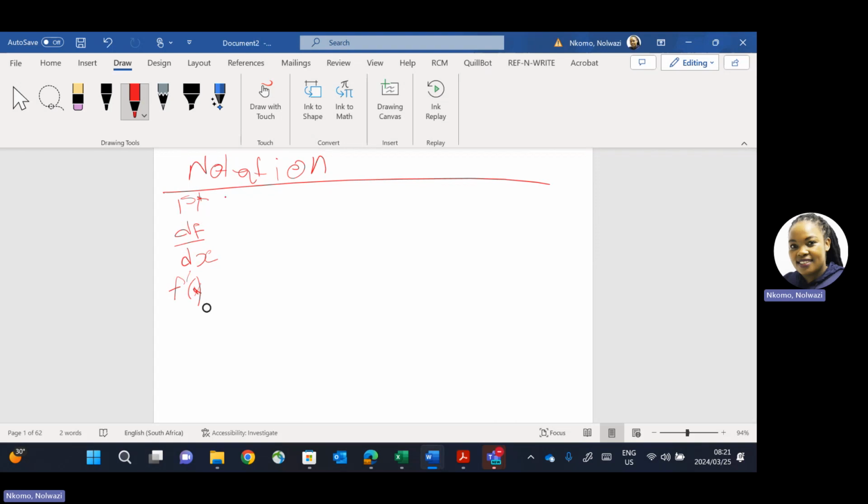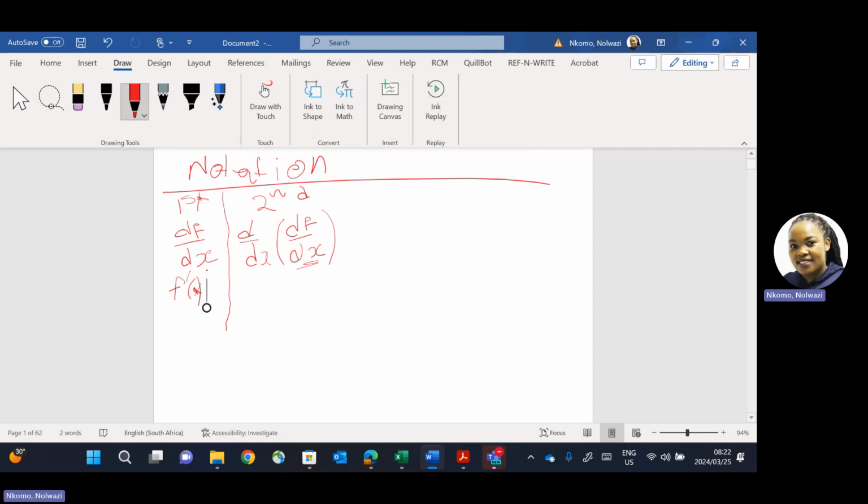Then we have the second order, or second derivative. We represent it as d/dx of df/dx. This means we are differentiating the first derivative, because now we're differentiating for the second time.